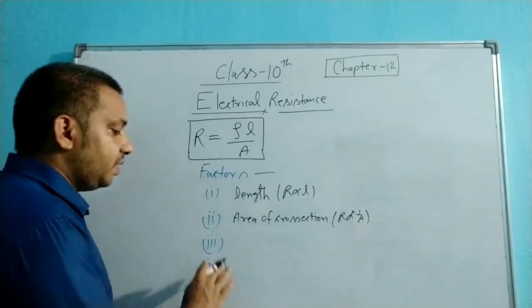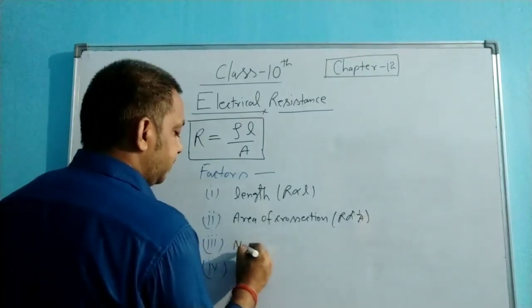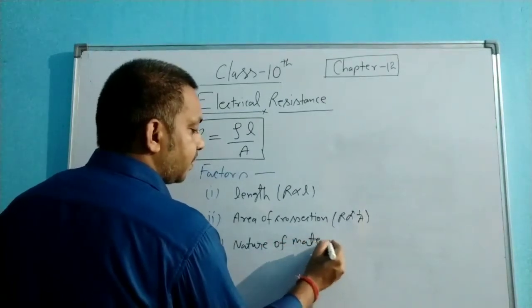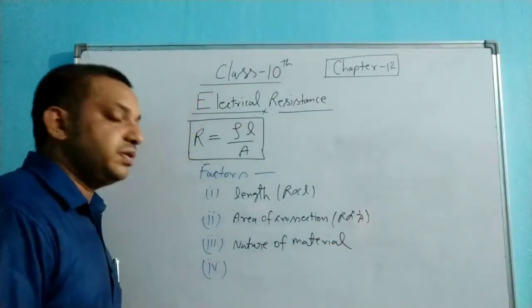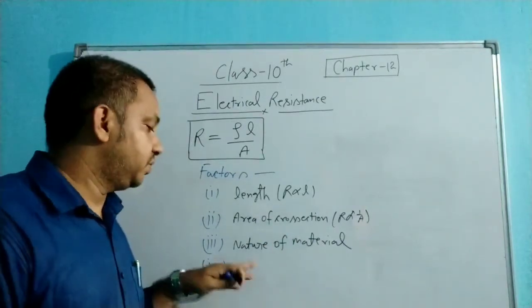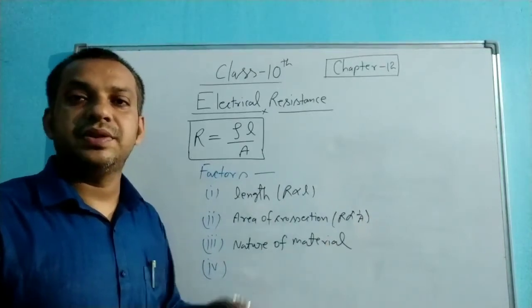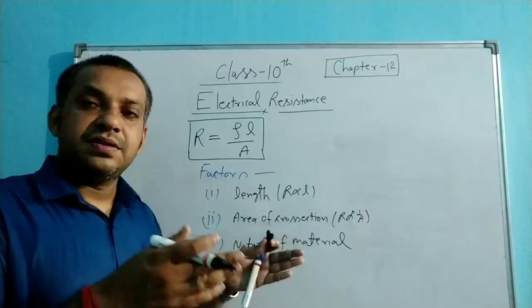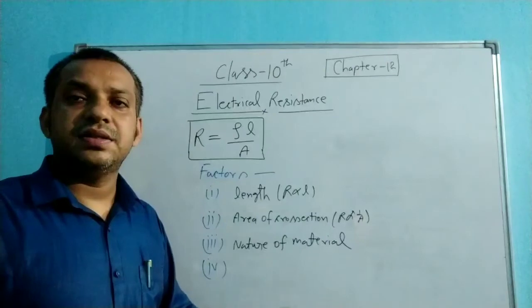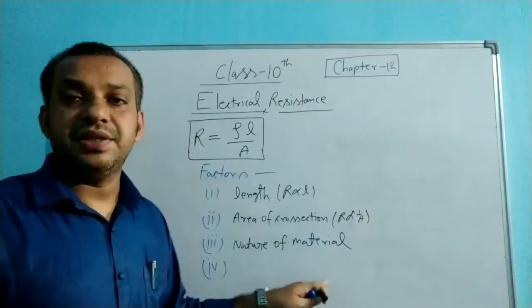There is an inverse relation between the electrical resistance and the area of cross section, or the thickness of the wire. The third factor is the nature of material. That means for different materials, the opposing behavior is different. That is why if you are using a copper wire or an aluminum wire, for the same shape and size, the electrical resistance is different.